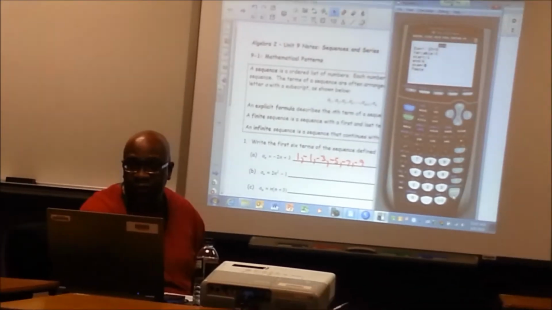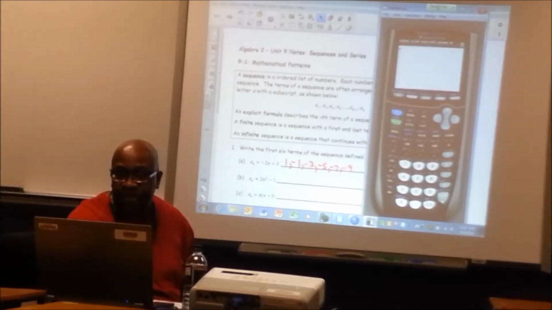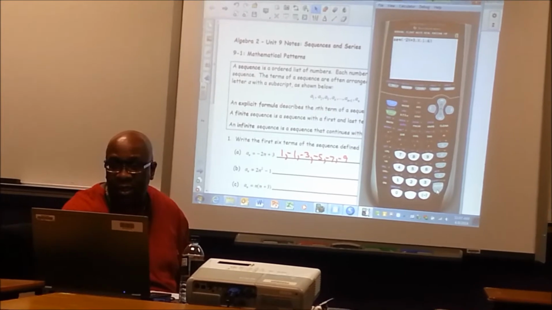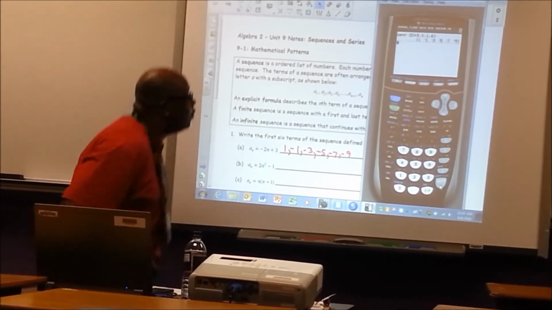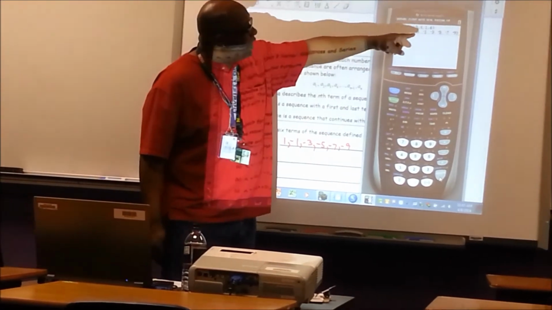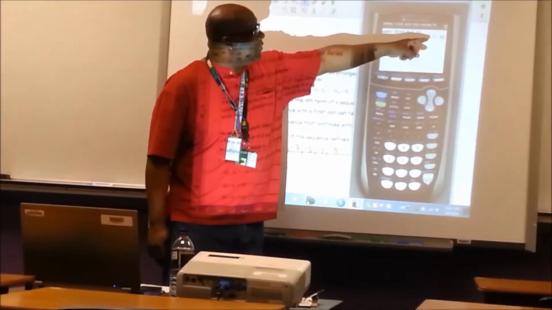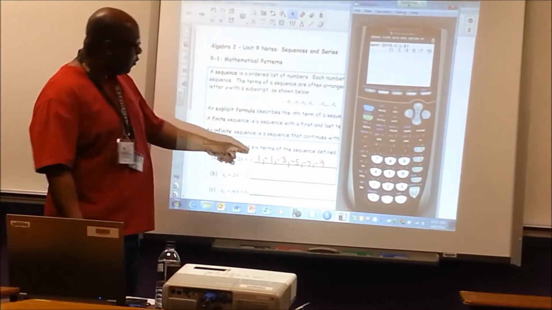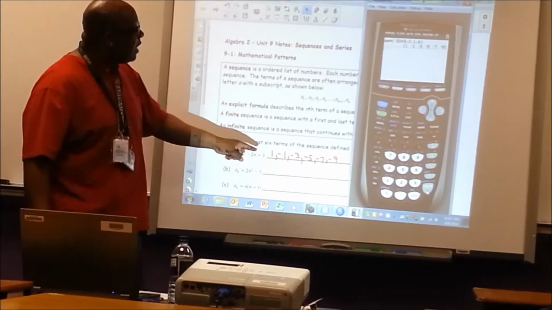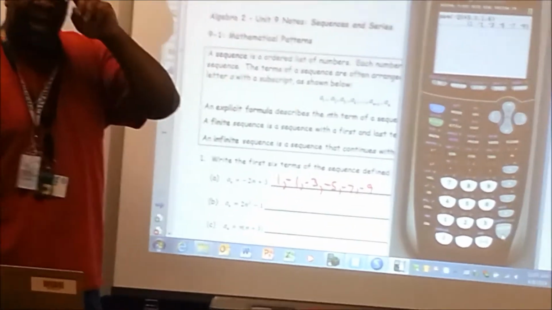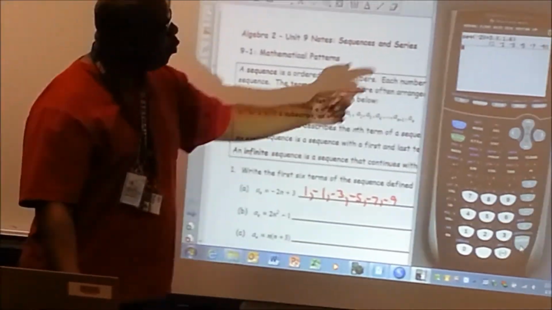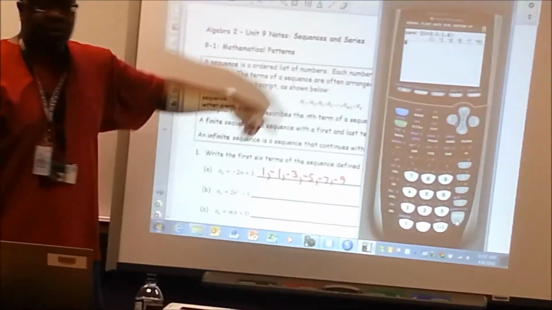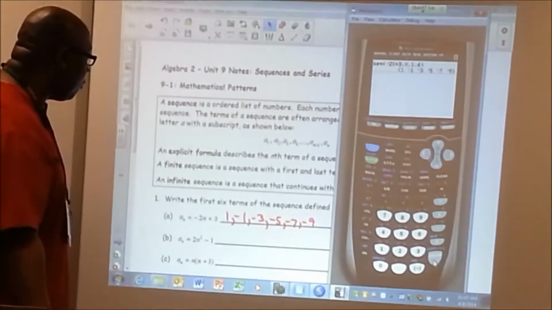Now, when we hit enter, we have the terms 1, negative 1, negative 3, negative 5, negative 7, negative 9. Those are the same terms that we arrived at when we performed by hand. So whether you manually find them or use your calculator, you should receive the same answer either way.